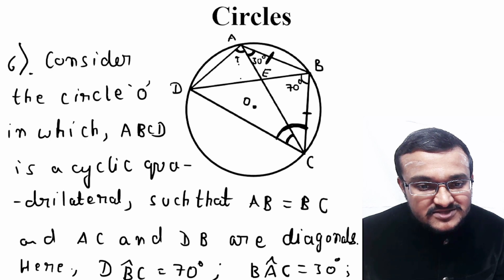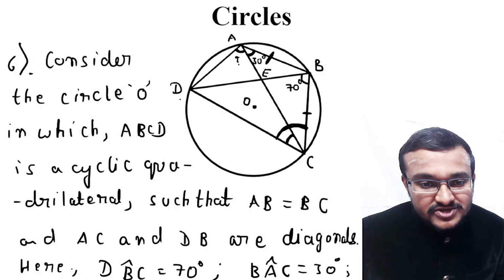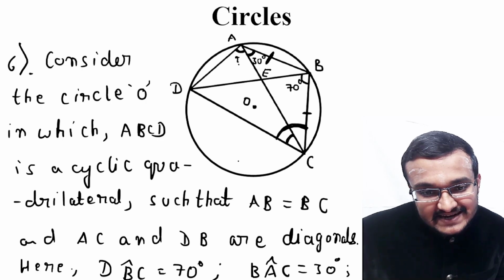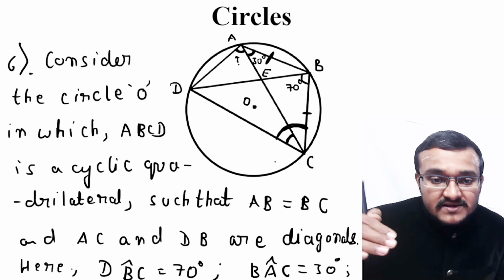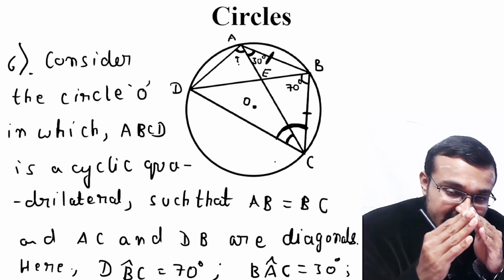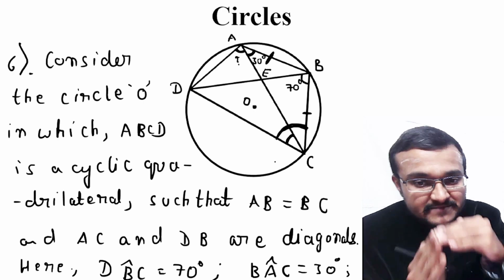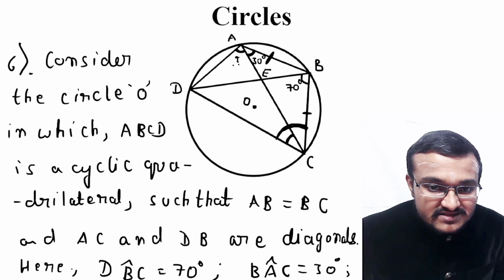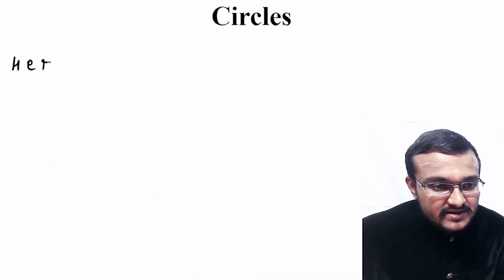We don't know what is this particular angle. So in order to find out this particular angle, we will consider this angle, that is DBC. So here you can see DC acts as the arc. So here DC is an arc, and this DC is subtending an angle at point A, and DC is also subtending an angle at B. So that means here this angle will also be equal to 70 degree.